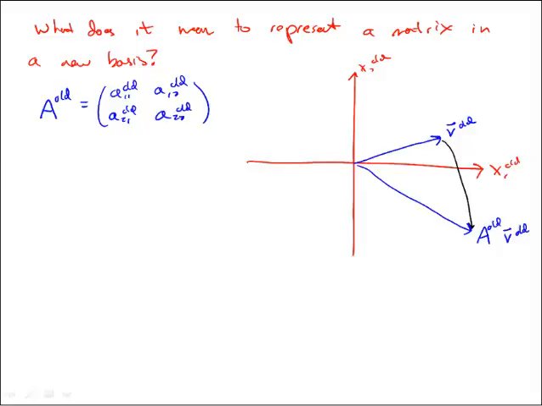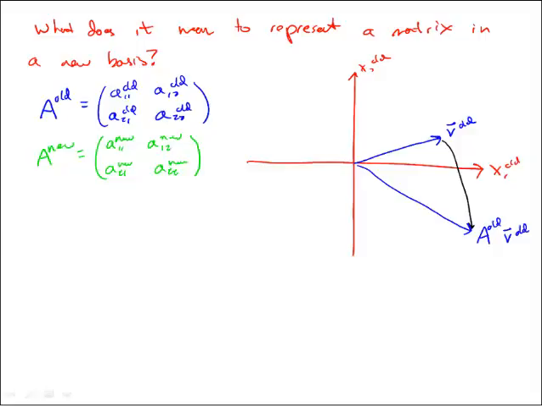Okay, so what would it mean to write A new? What would it mean to represent A in a new basis? Well, we saw that v was kind of this abstract entity that stayed the same in a lot of ways, regardless of which basis you were in.